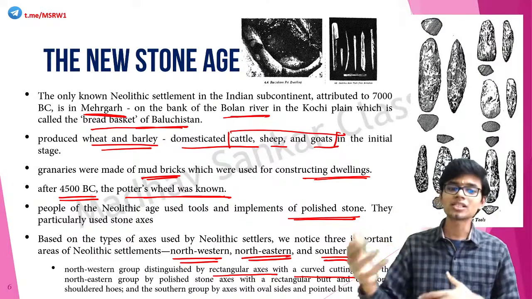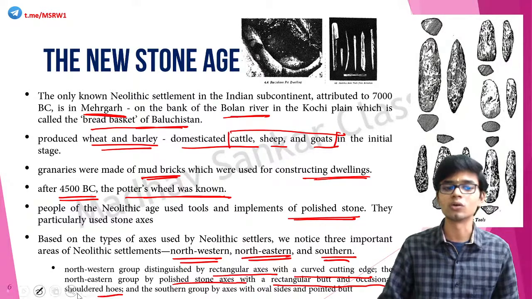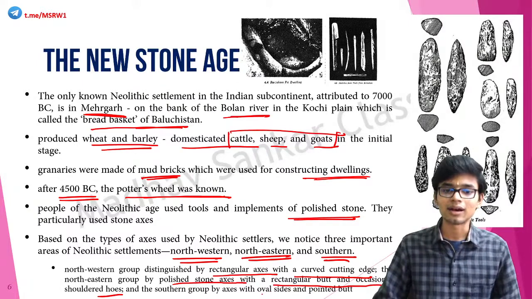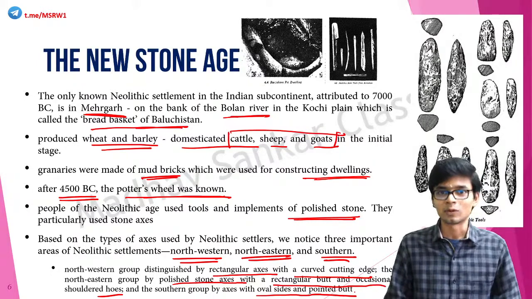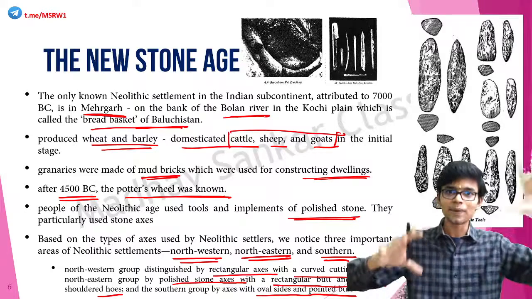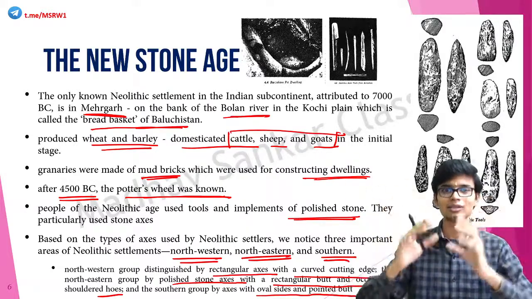Then in the northeastern group, we have polished stone axes with a rectangular butt and occasional shouldered hoes. And in the southern group, the axes are with oval sides and pointed butt. All these are Neolithic settlements, but in different parts of the Indian subcontinent, there are different characters to the same time period.